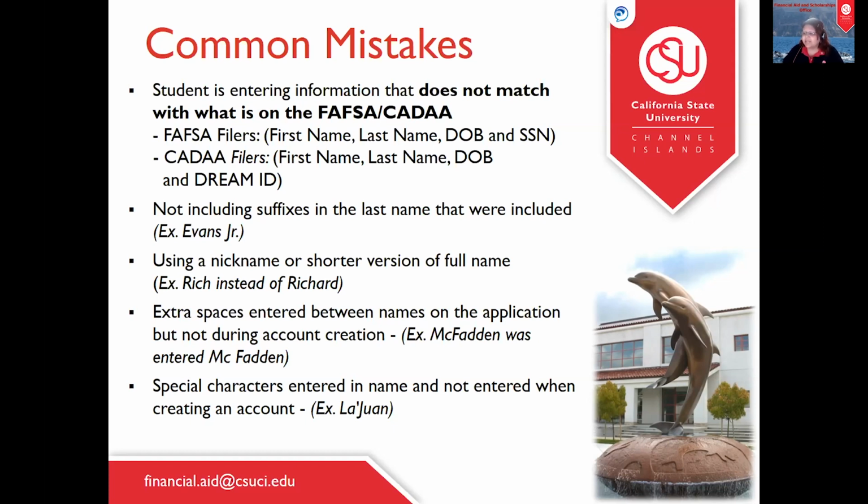Extra spaces, for example, McFadden. And if you notice on McFadden, there's a space on the second McFadden that will make a difference. Special characters entered in the name, for example, Laquan, if you're putting a hyphen or some other special character, that will also make a difference. So these are just some of the common mistakes.